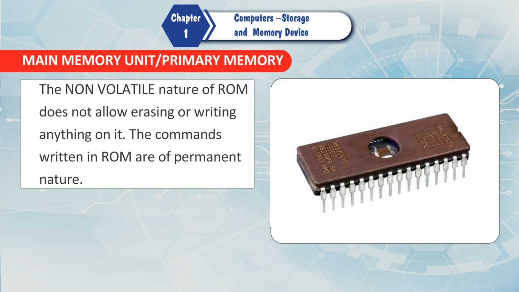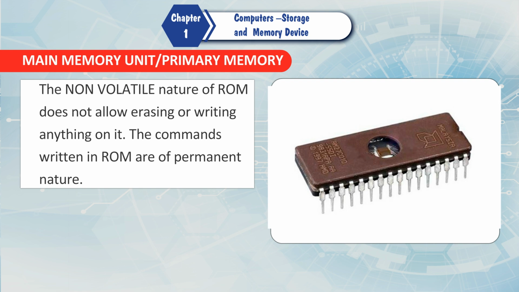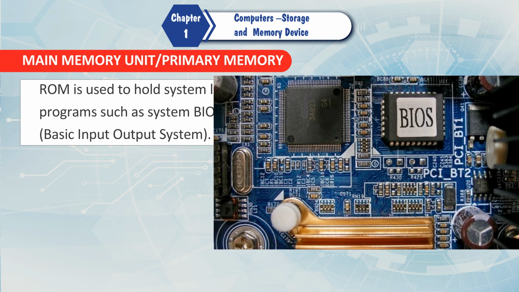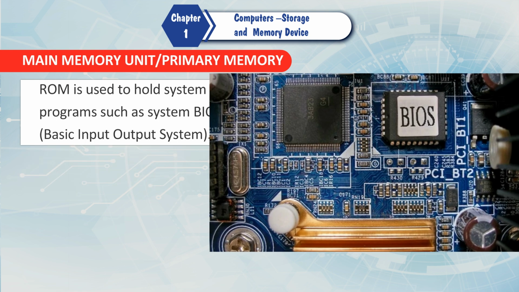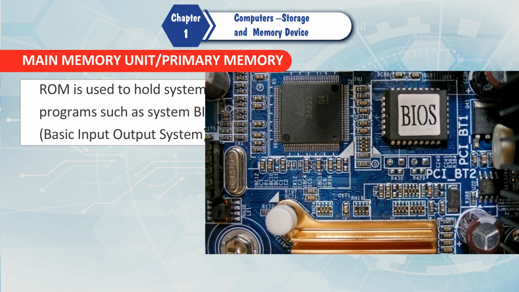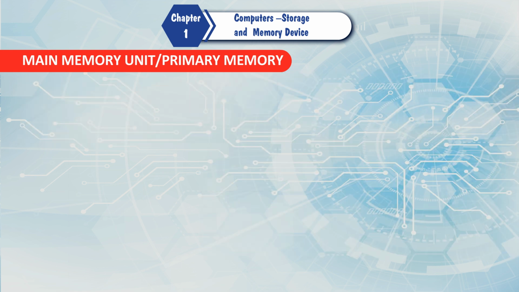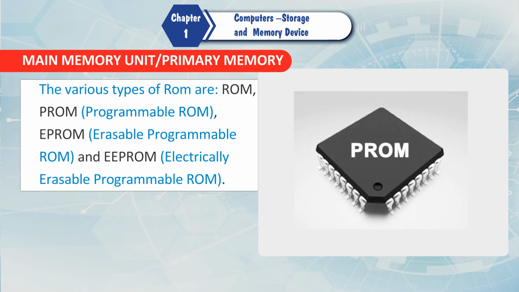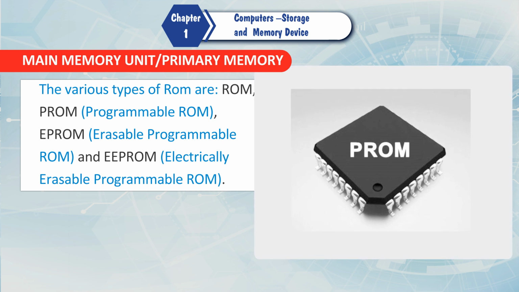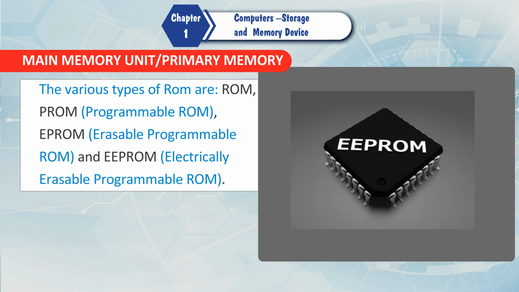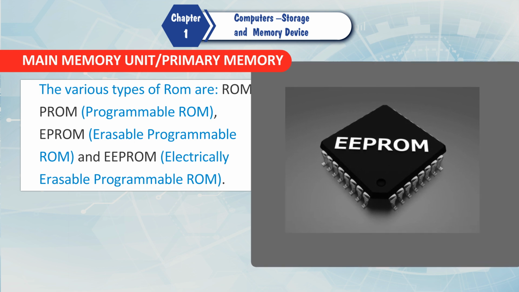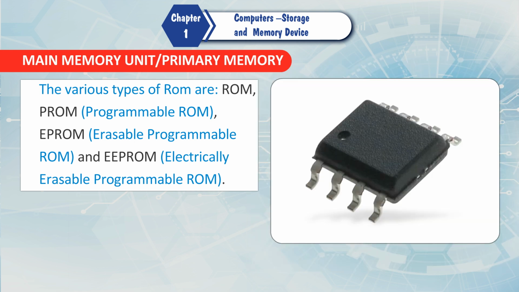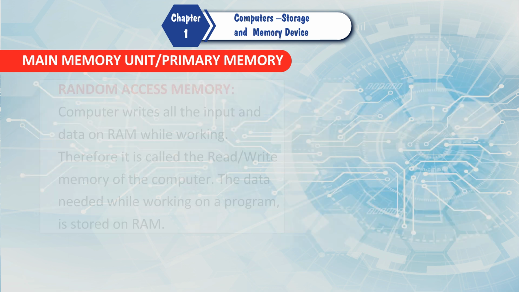The commands written in ROM are of permanent nature. ROM is used to hold system-level programs such as system BIOS, basic input-output system. The various types of ROM are ROM, PROM, programmable ROM, EPROM, erasable programmable ROM, and EEPROM, electrically erasable programmable ROM.